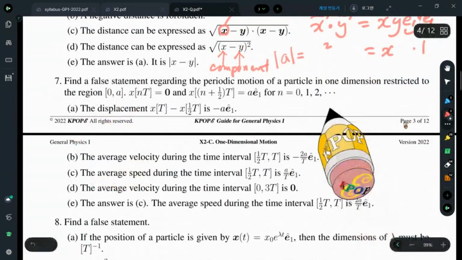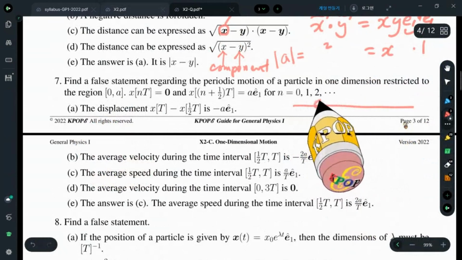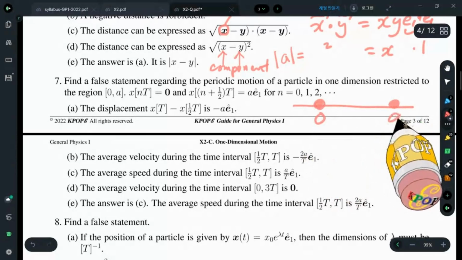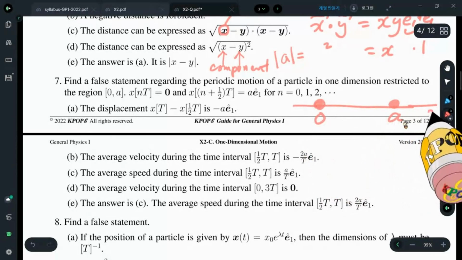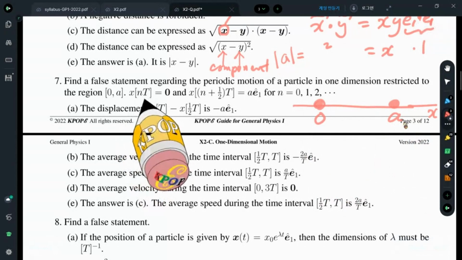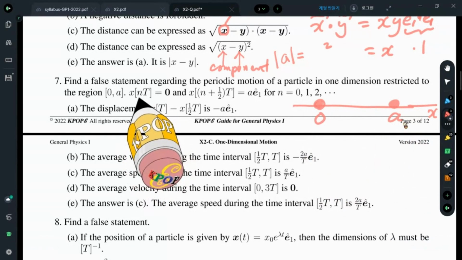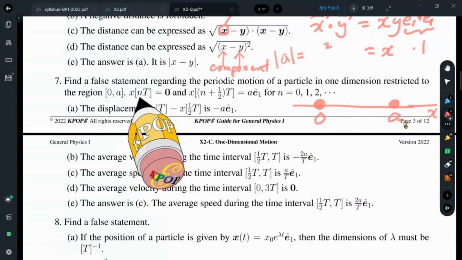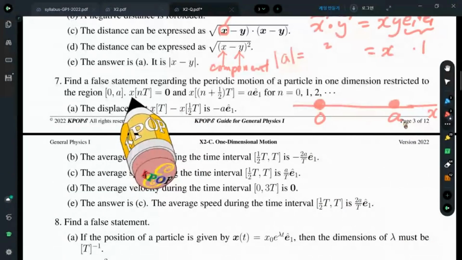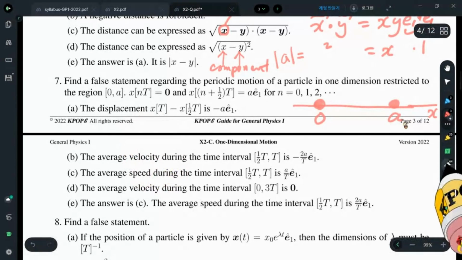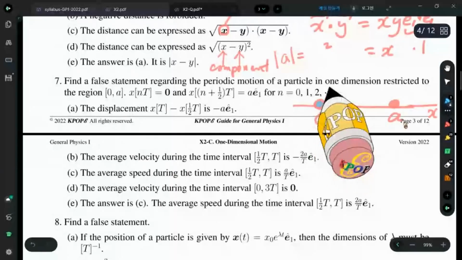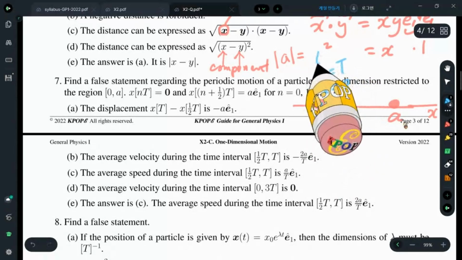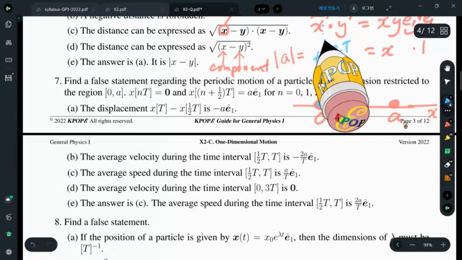So in here, the particle makes a one-dimensional motion from 0 to A. This is the x-axis. And n is an integer. We have a capital T, the scale of time, and the position of this particle is 0 at t equals 0, t equals T, t equals 2T, and so on.